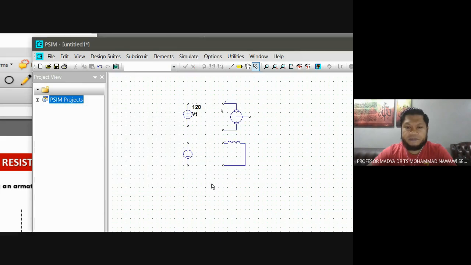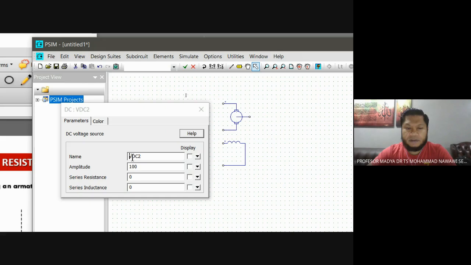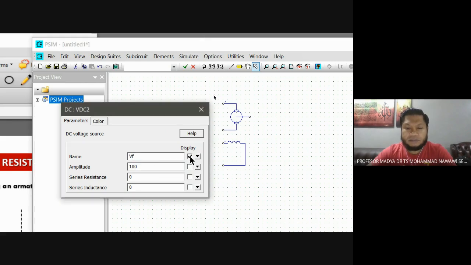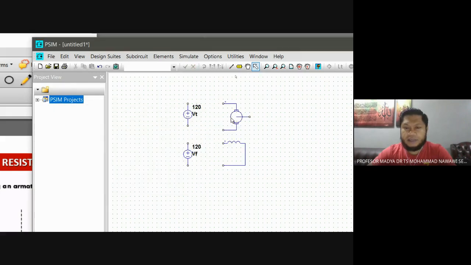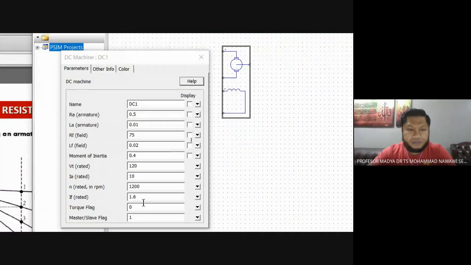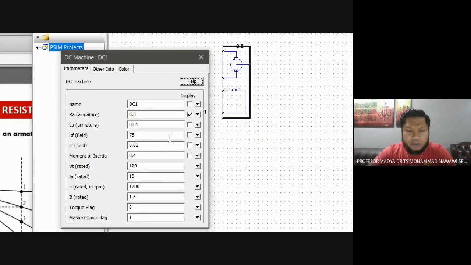Right, there you go. Then we have this as VF, and this is also 120. Right, and it is important to have RA and RF. The rated speed.